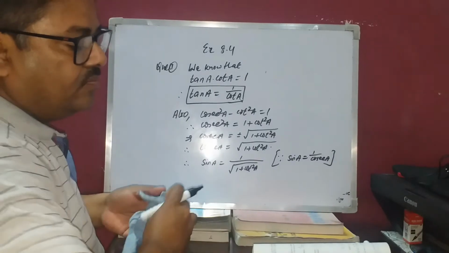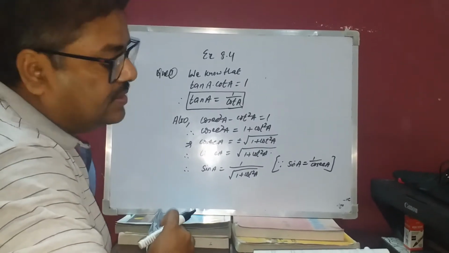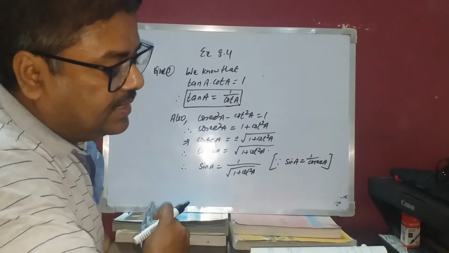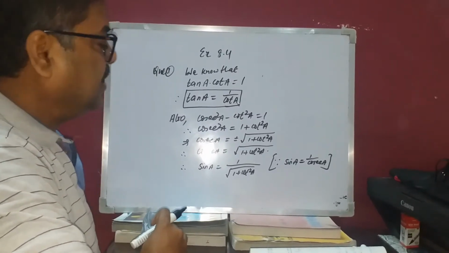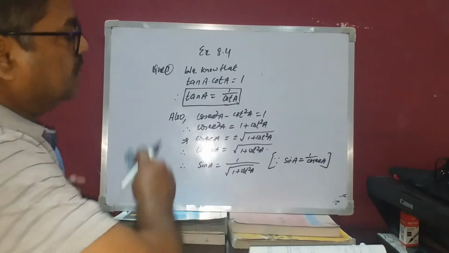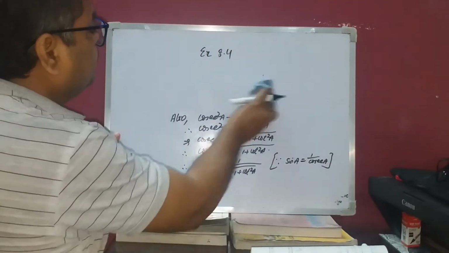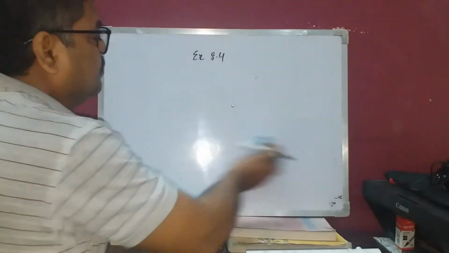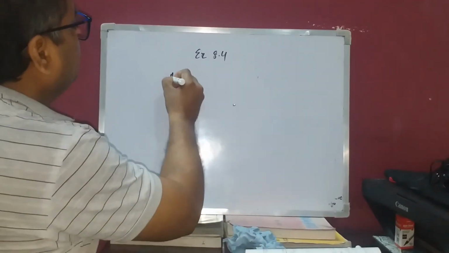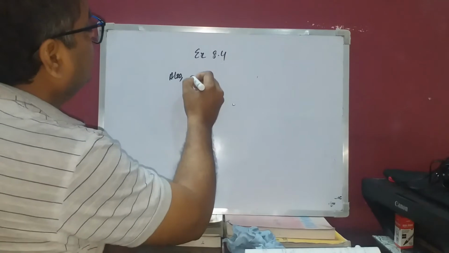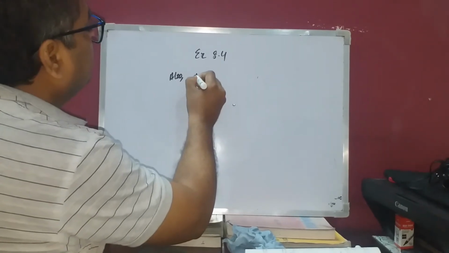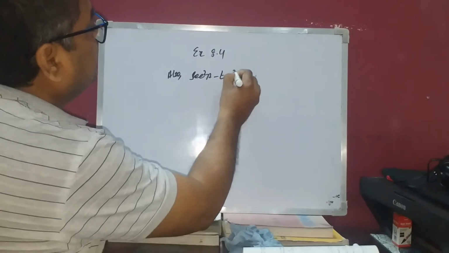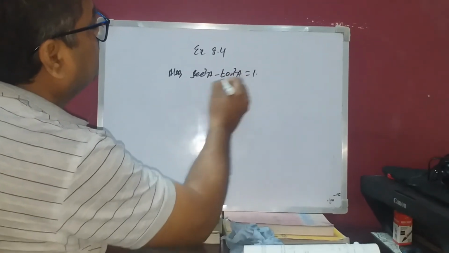And now we have to change sec A in the form of cot A also. Then how? Also, sec square A minus tan square A is equal to 1.